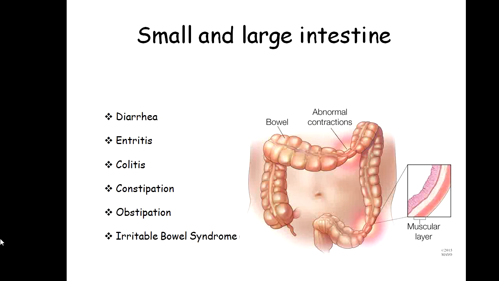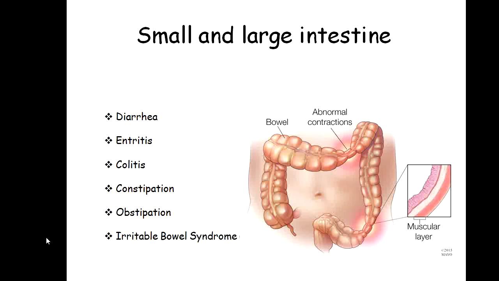The next one is irritable bowel syndrome. This is generally called IBS. Nowadays you can see a lot of individuals in the hospital having IBS. IBS is a complex condition in which IBS represents some disease condition of the small and large intestine, both of these.